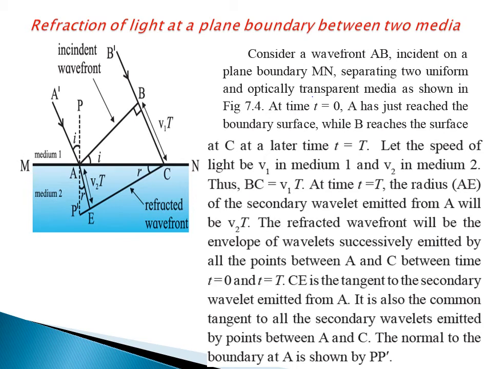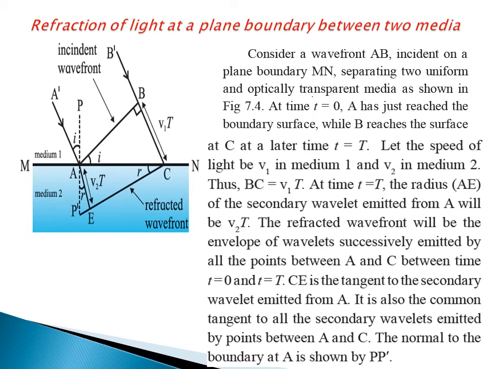That means here a new wavefront forms, that is CE, the refracted wavefront. So the angle between the incident wavefront AB and the refracting surface MN is i, as is the angle between the incident ray and the normal.